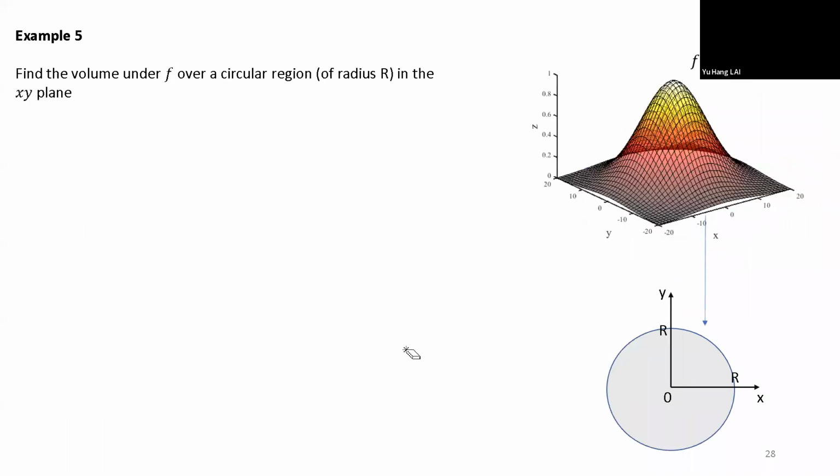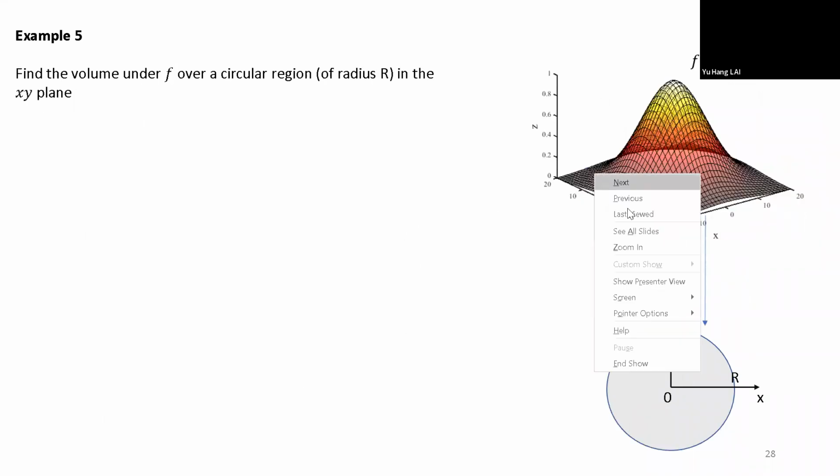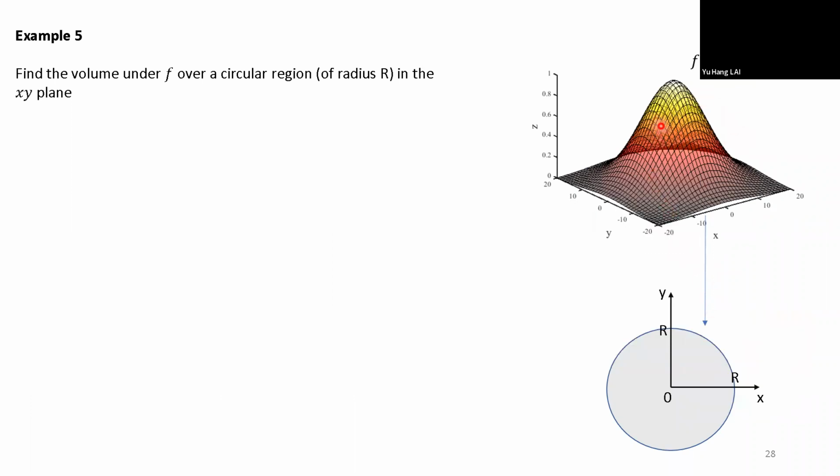So one more example. This Gaussian function with two variables is something you have seen in the last chapter, but here I want to do the integration over a circular region on the xy plane.